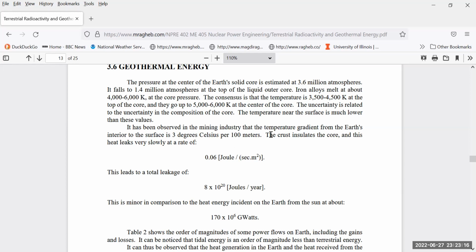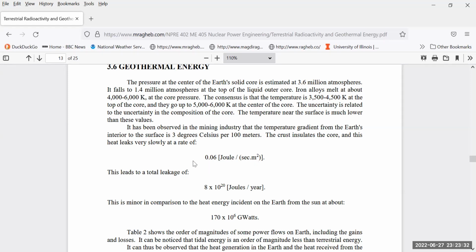And calculations were done, and they suggest that the crust insulates the core and leaks very slow heat at a rate of 0.06 joule per second per meter square.